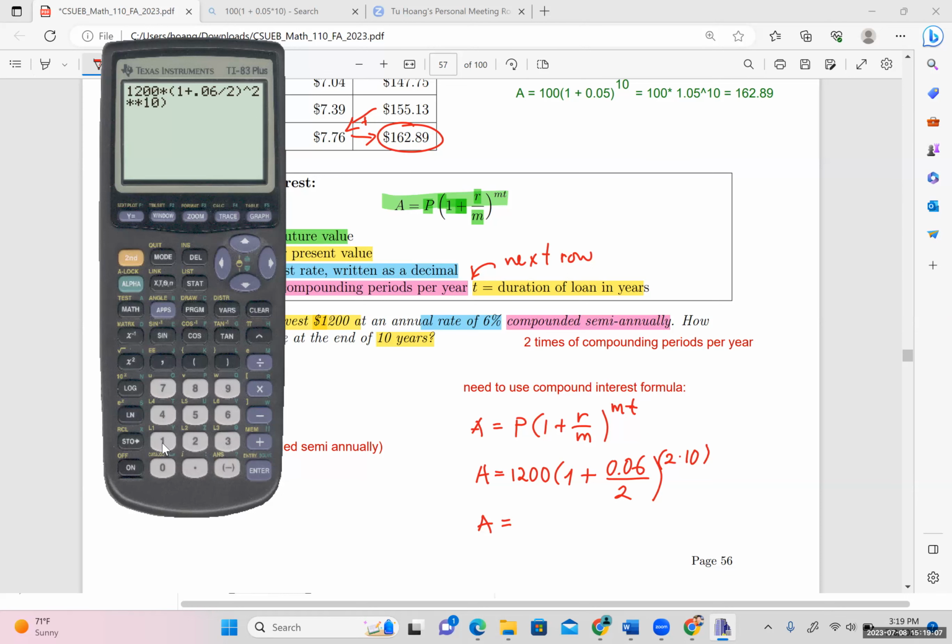But that is wrong right away because by PEMDAS, it means it's raised to power 2 only, and after that multiply by 10. So that is wrong. I'm just going to change it to 20 because I know that it's raised to 20. And then enter, I will have 2167.33.